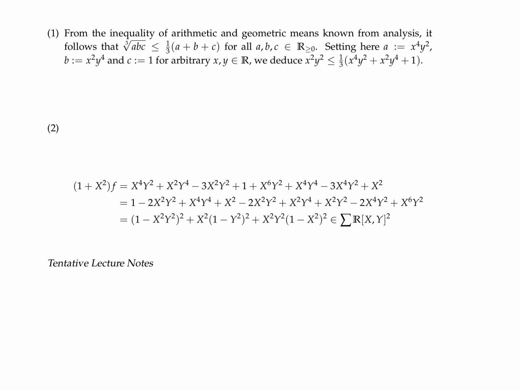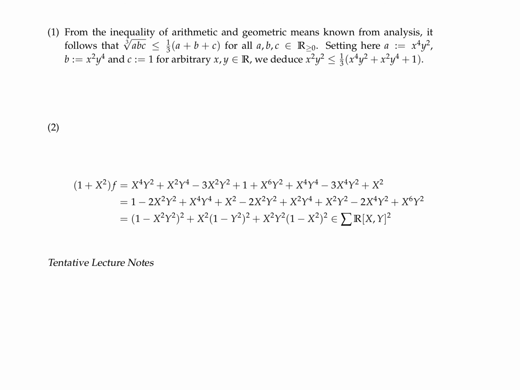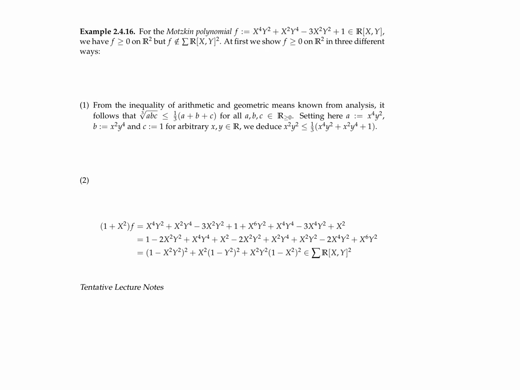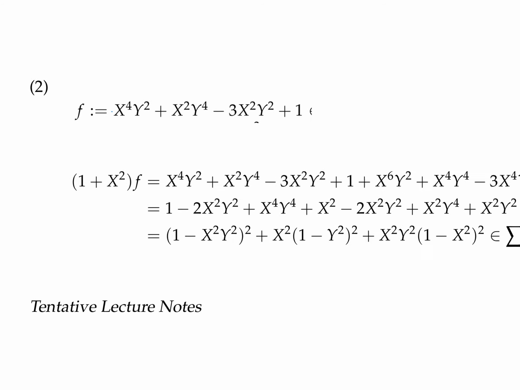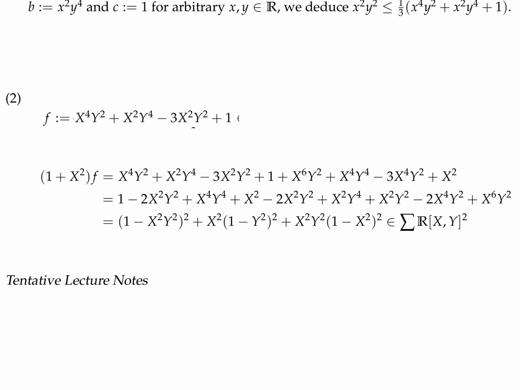So let's first do this, 1 plus x squared. So multiply f with 1 plus x squared, and I hope it's a sum of squares of polynomials. Okay, let's maybe again look at what f was. How does the Motzkin polynomial look? So that was f. So I multiply it with 1 plus x squared.